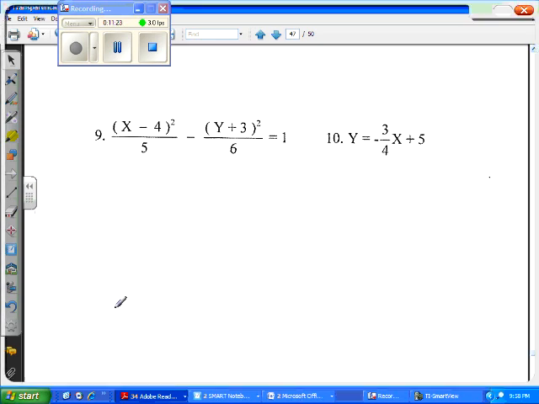And then number 10 is a line, y equals mx plus b, where m is the slope and b is the y-intercept. You can see an example of this on page 97a. Okay? I didn't do those for you because I want you to have to try to work your way through it.